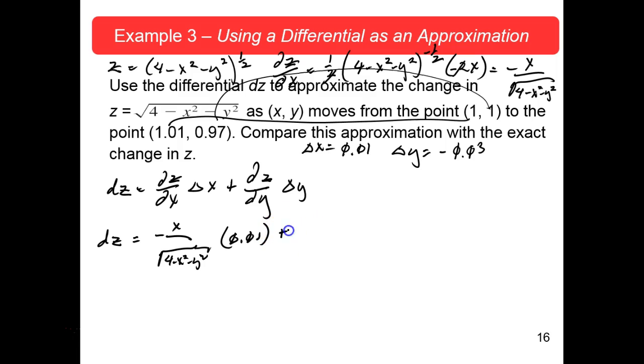plus, now we've got to do the partial of z with respect to y. It's almost going to be the same thing, isn't it? It'd be 1/2 times 4 minus x squared minus y squared to the minus 1/2, times a minus 2y. Again, you treat 4 as a constant and you treat x as if it's a constant.